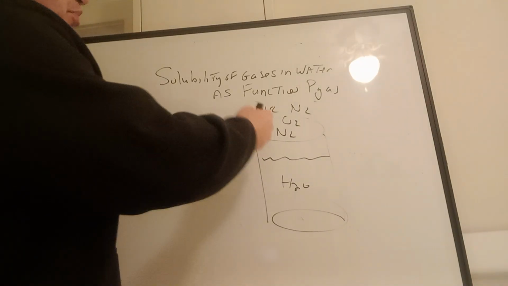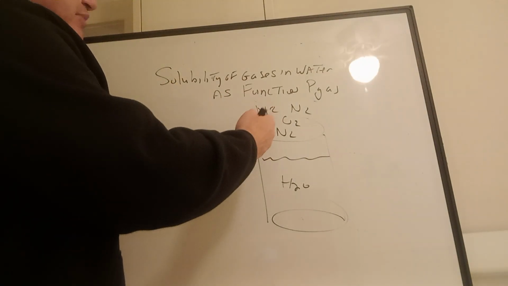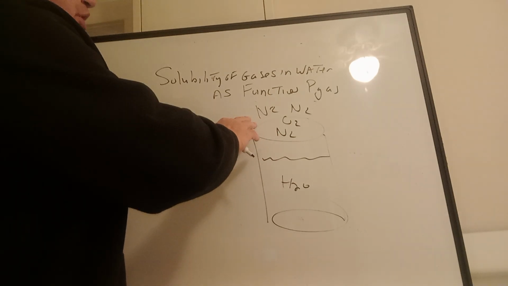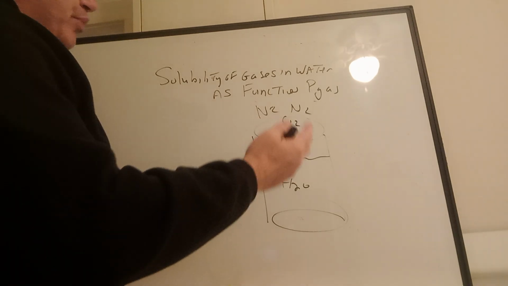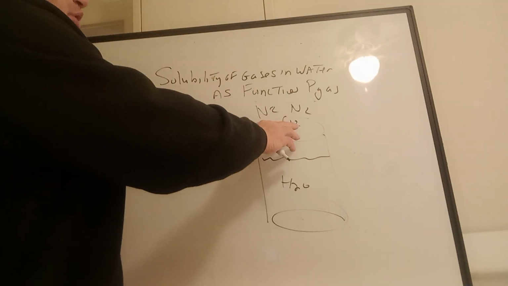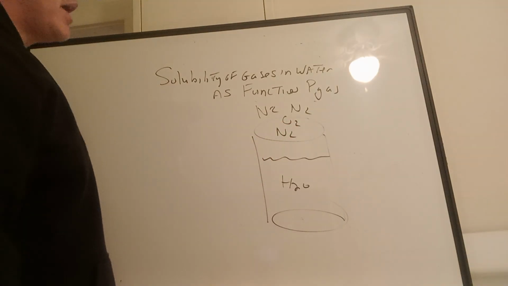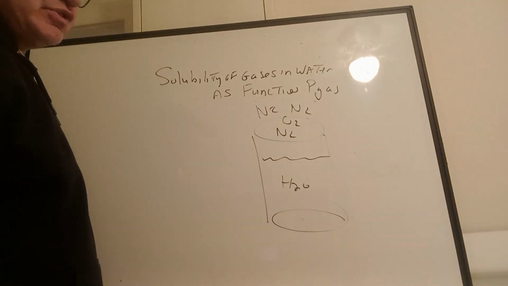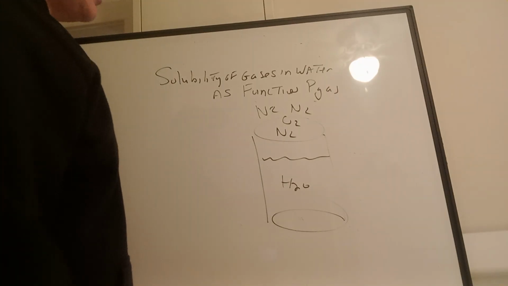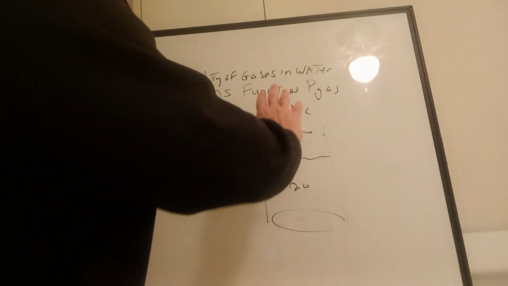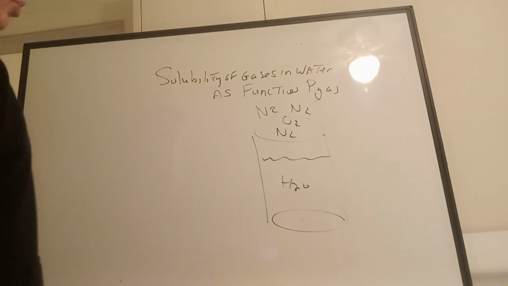There's about 3 parts of nitrogen to 1 of oxygen. Roughly, the partial pressure of nitrogen will be about 0.75, and the partial pressure of oxygen will be about 0.25 atmospheres. So this is a function of the partial pressure of the gas, not the total pressure.